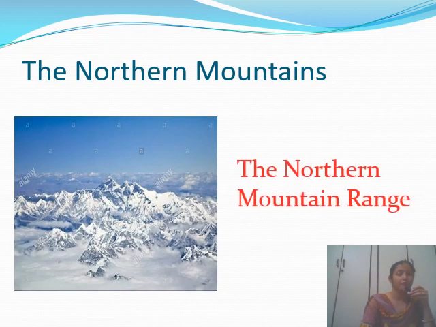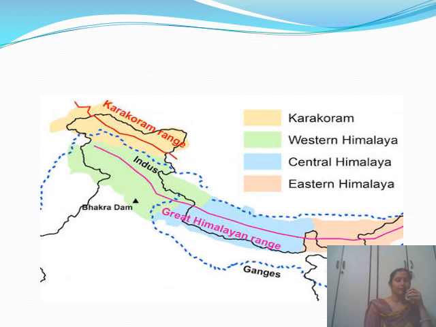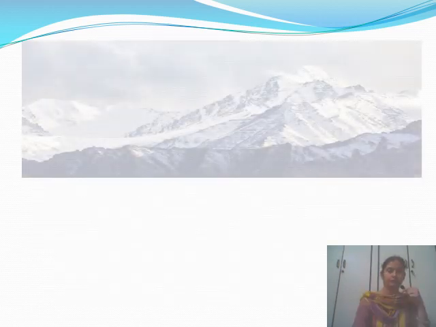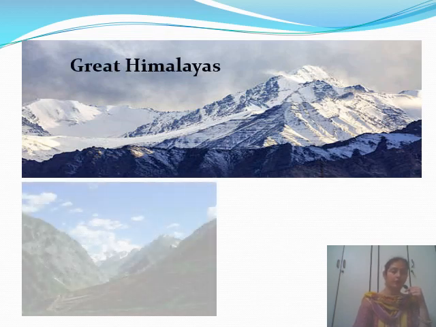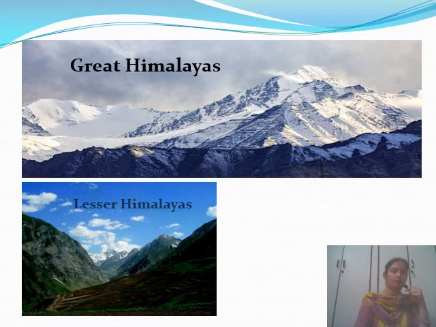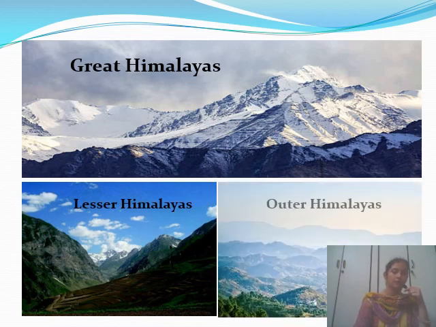A number of high mountains form the northern mountain range. The northernmost is the Karakoram range, and towards its south is the Great Himalayan range. The Himalayan range is divided into three parts: the Greater Himalayas, the Lesser Himalayas, and the Outer Himalayas.